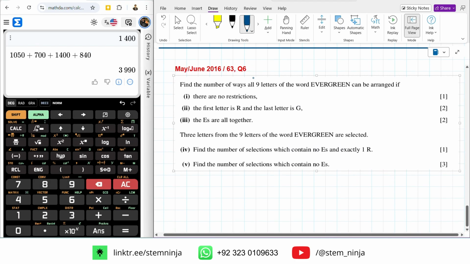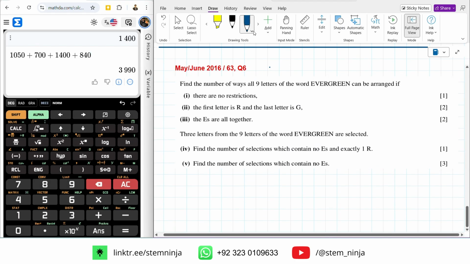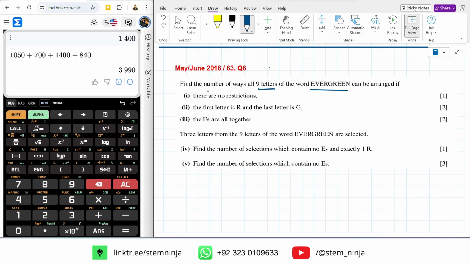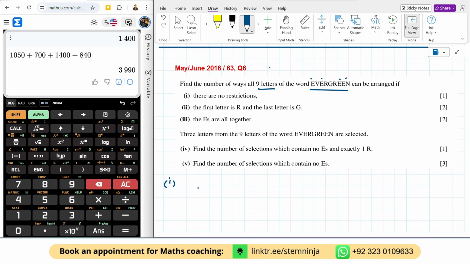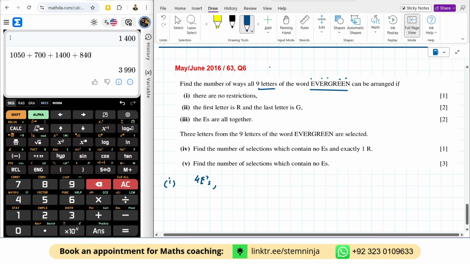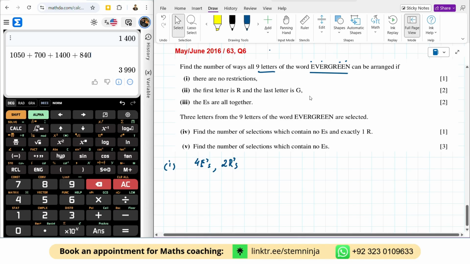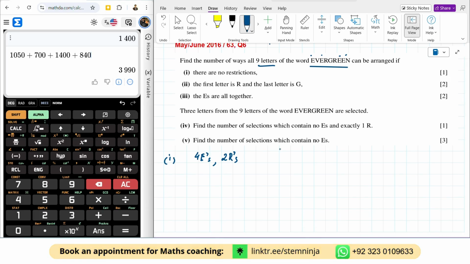All right, so let's see this. Find the number of ways all 9 letters of the word evergreen can be arranged if there are no restrictions. Okay, so first off, let's see how many E's there are. 1, 2, 3, 4. 4 E's and 2 R's. Right, okay, so arrangement with no restriction.